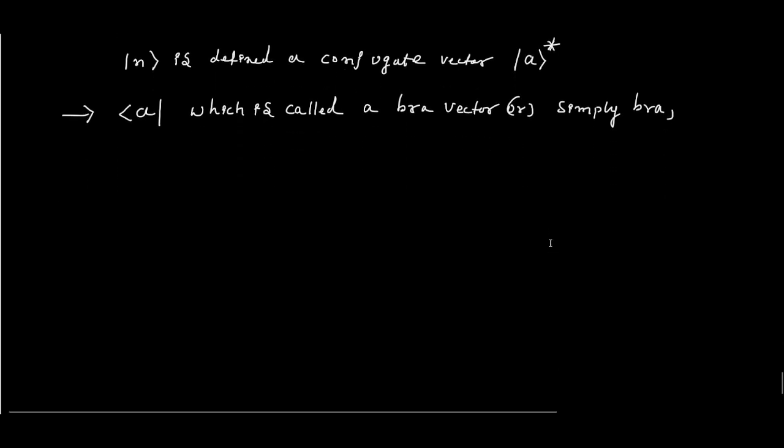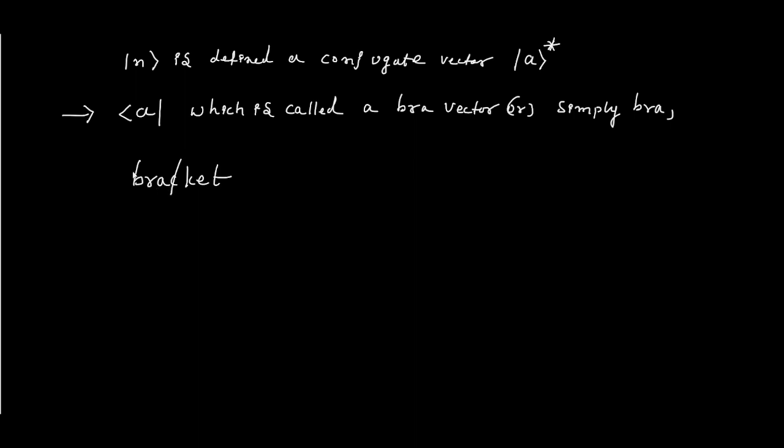So this notation is designed from the bracket notation. The word bracket, by dropping the c, they are designed like this. So this one is a ket and this one is a bra vector.